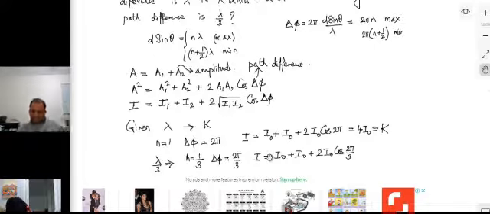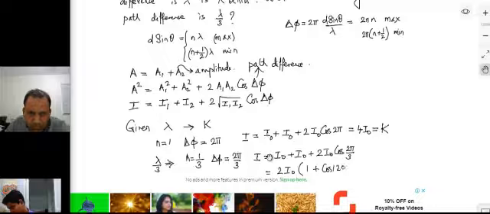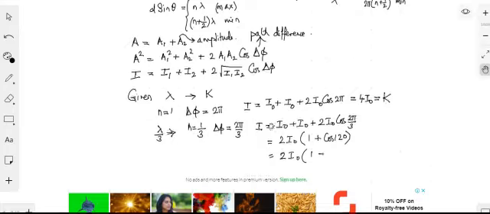Cosine of 2 pi over 3 is cosine of 120, right? Cosine of 120 is how much? So it's minus of cosine. So that will be 2 times I naught times 1 plus cosine 120. One plus cosine 120 is 1 minus cosine 60, I guess.